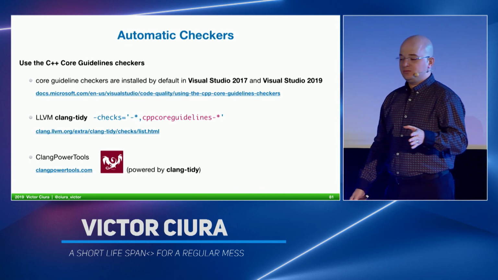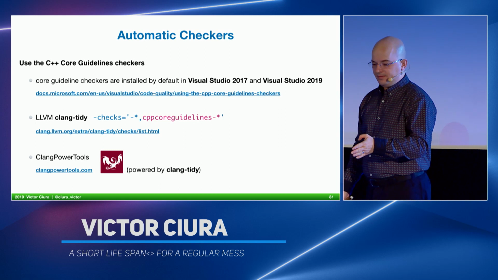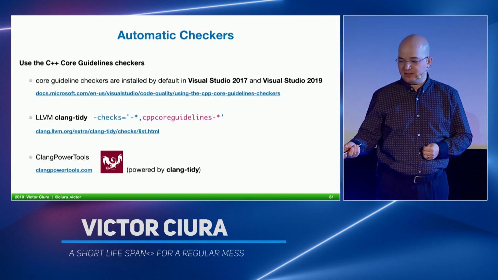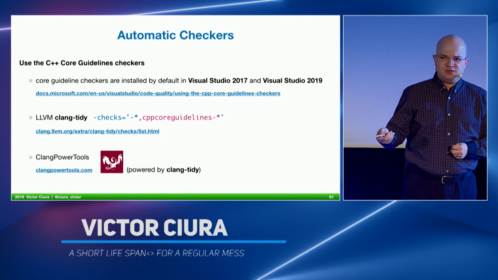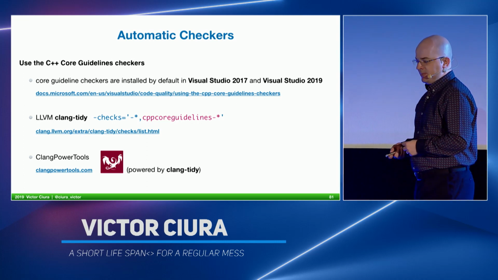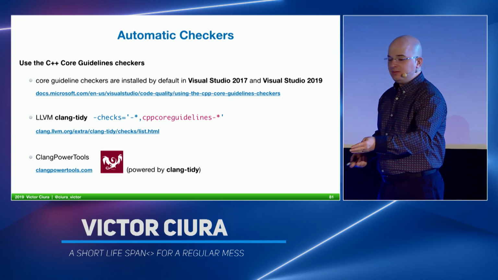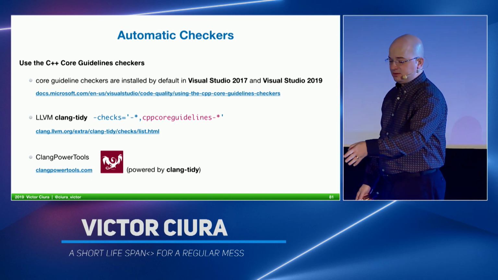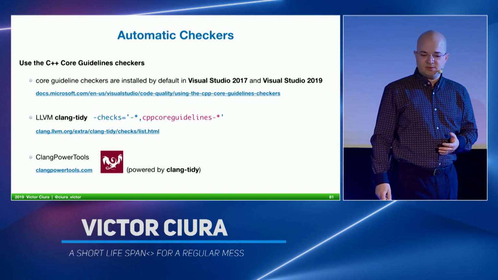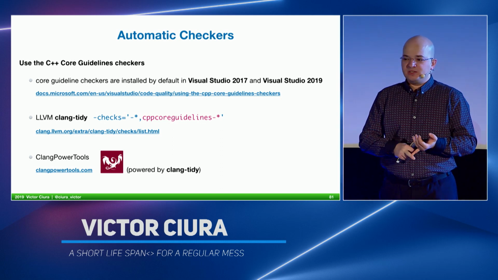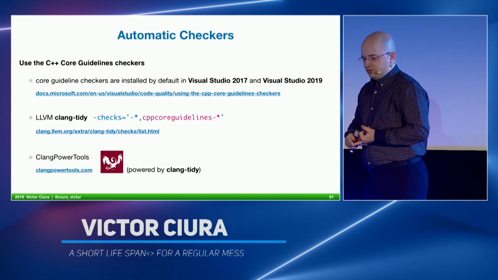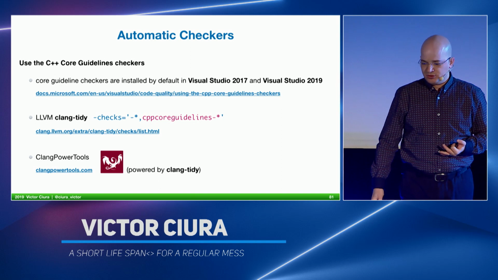We do have some tooling to help with this. We have C++ Core Guidelines checkers in Visual Studio 2017 and 2019, and I think even 2015, there's a NuGet package that you can apply to check for these things and see recommendations. We have LLVM Clang Tidy that has a whole module on C++ core guidelines and checks and recommends such replacements, like the bounds safety profile and recommending using span for encoding explicit ranges.